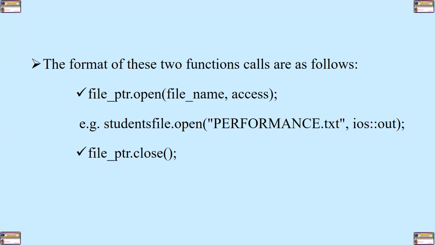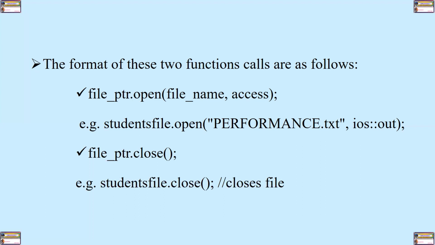Now, when we talk about closing, we also have to include the file pointer. If you had opened a file called performance using a file pointer called studentsFile, then you write studentsFile, then dot close. Inside the close, we do not usually include any arguments.